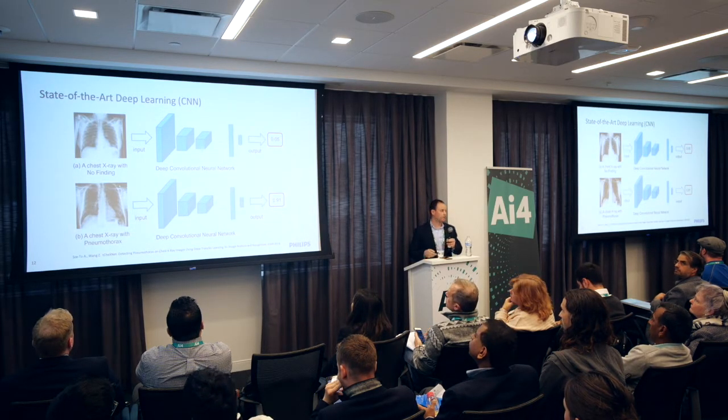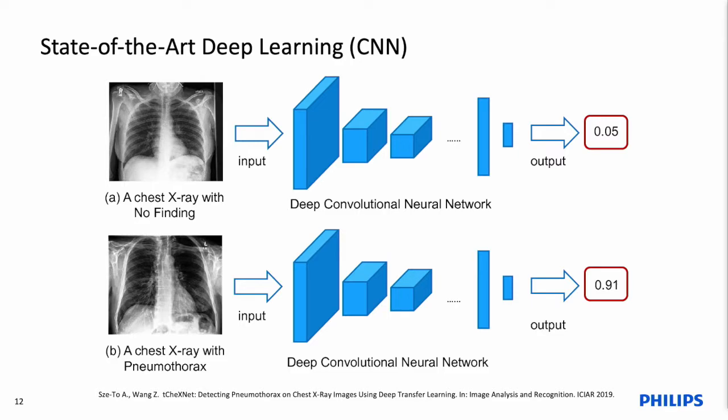So the state of the art, and you might have heard of this, is a convolutional neural network. And this is a deep network that has an input and an output. The input is an image, so in this case, a chest X-ray. And for this example, we have a binary classification task. So it's either no finding, so that might be a healthy person, or I use that lightly, it's just you have pneumothorax and no pneumothorax, let's say.